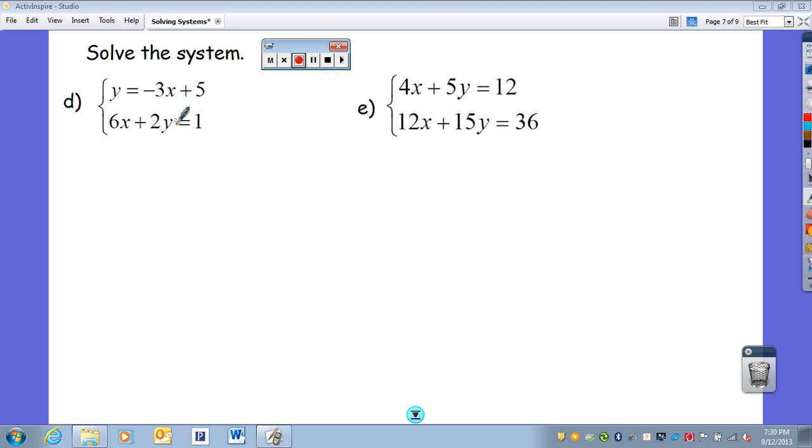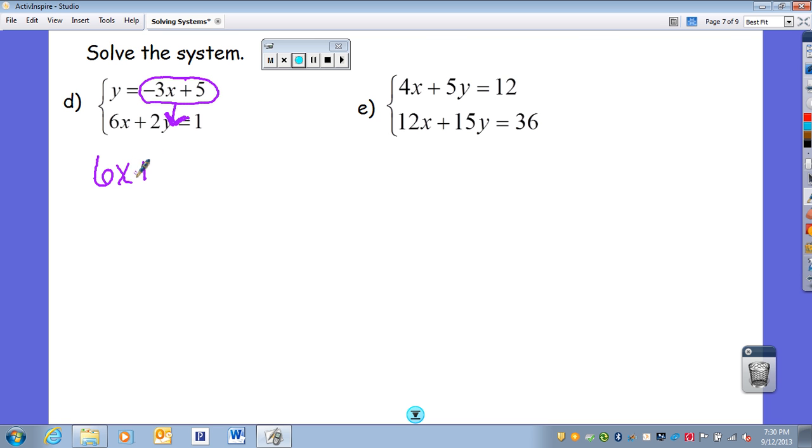Here are a couple more examples. If we take a look at the first one, we can see that it is set up so that y equals negative 3x plus 5, where this equation is solved for the variable y. Because it is set up so easily for substitution, I'm going to take this quantity and replace the y in the second equation with that expression.